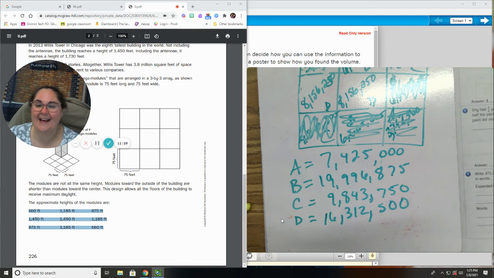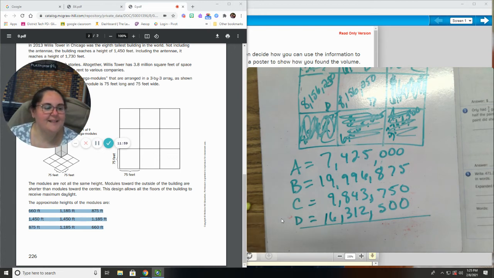We're going to add these numbers together to find the total volume of the Willis Tower. All right, 7,425,000 plus 19,996,875, 9,843,750, 16,312,500. All right, what did you get?